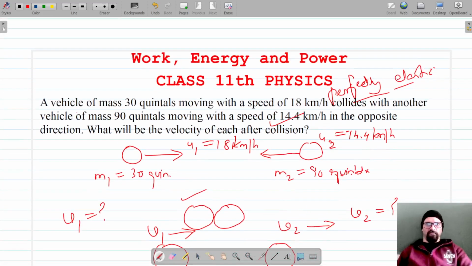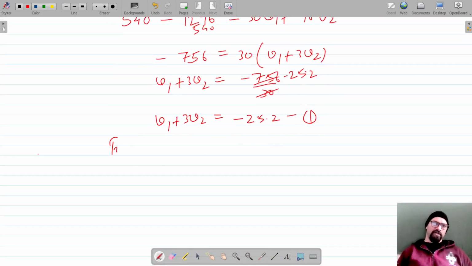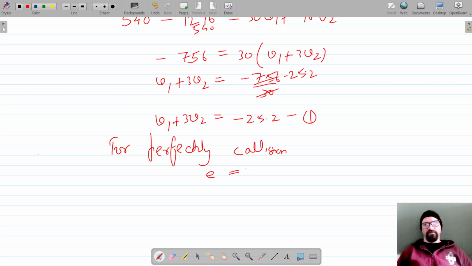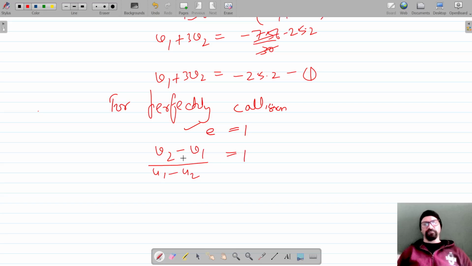And to get the second equation, let's consider this collision to be perfectly elastic. We know that for a perfectly elastic collision, the coefficient of restitution is 1. The coefficient of restitution is given by the velocity of separation, that is V2 minus V1, upon the velocity of approach.